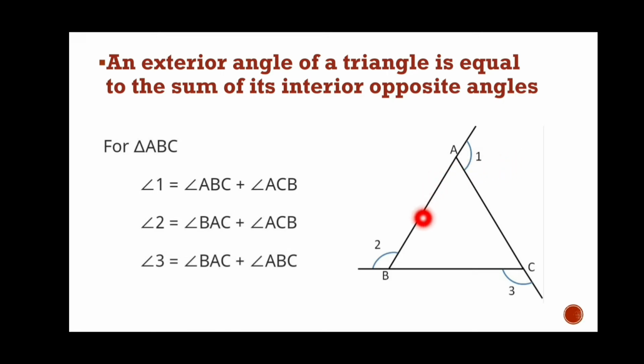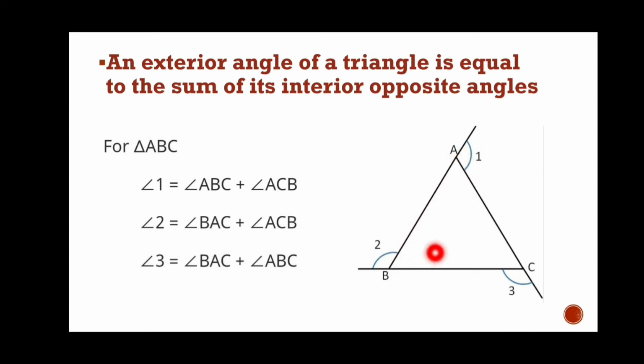So exterior angle, let's say angle 1, is equal to the sum of its interior opposite angles. So if we have to find the value of angle 1, it will be equal to the sum of the interior angles. Interior means inside the triangle. So we have here two opposite interior angles of angle 1.